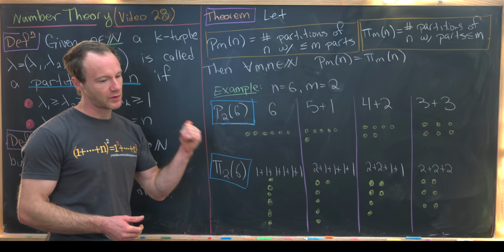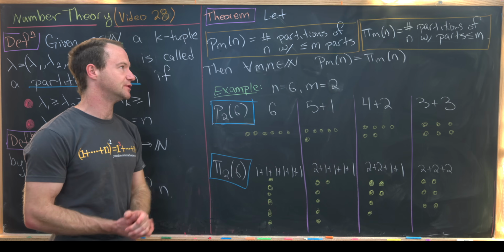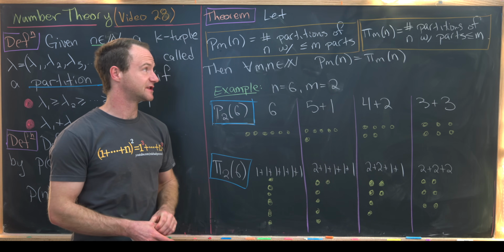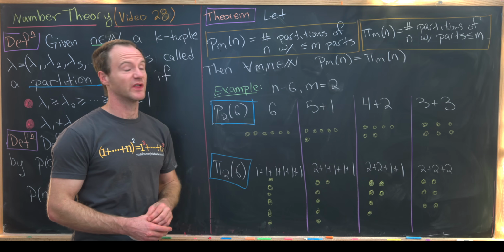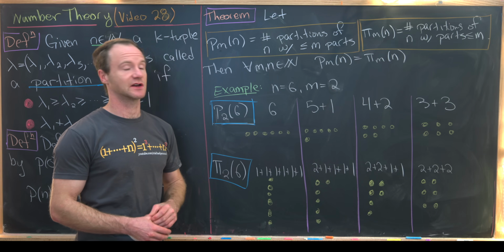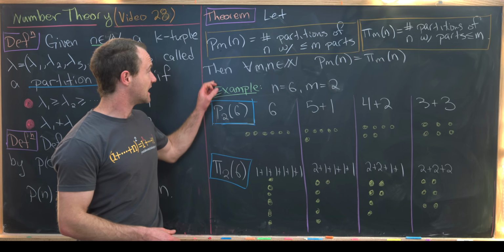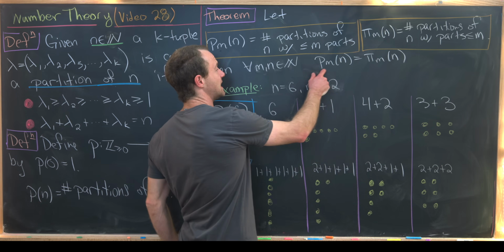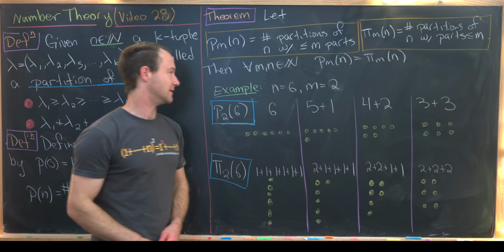That means it could have 1 part, 2 parts, 3 parts, all the way up to m parts. And then pi sub m of n is equal to the number of partitions of n with parts that are all less than or equal to m. Then for all natural numbers m and n, P_m(n) is equal to pi_m(n).